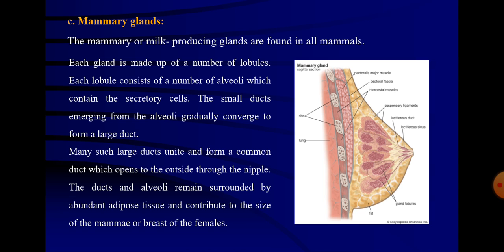So we see that the glands are all alveolar in structure. The cells form secrete and pour it into the lumen of the ducts, and the small ducts join together to form a large duct in case of mammary glands and are opened through the nipple.